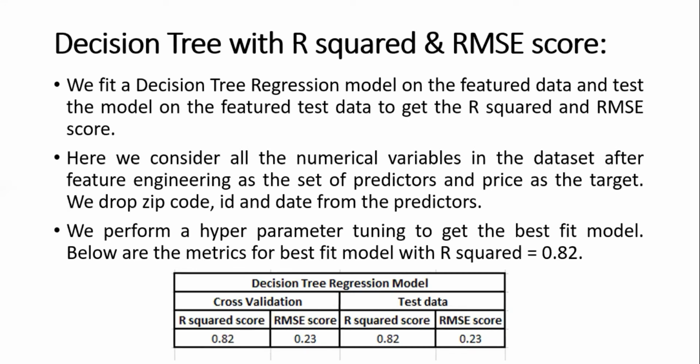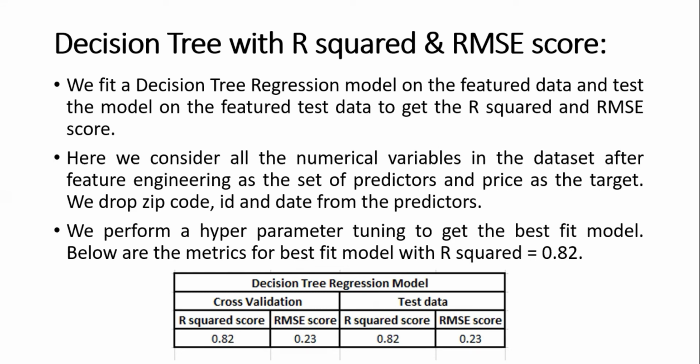For decision tree tuning, we perform hyperparameter tuning to get the best fit model. For this, we vary the depth of the decision tree from the values 1 to 20 with a step size of 1 and calculate the R square value for each depth. And finally, we take the depth for which the R square is maximum, that is depth equal to 10.